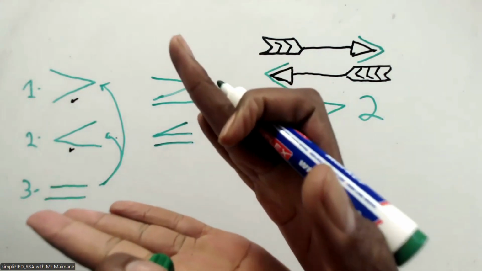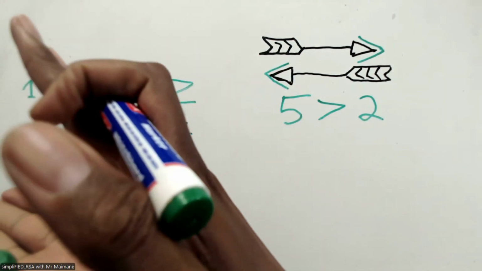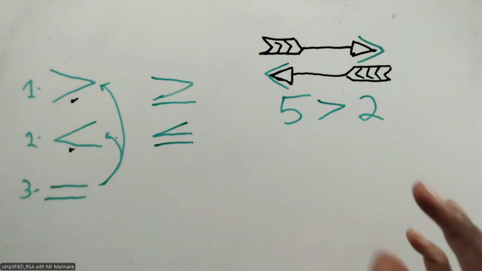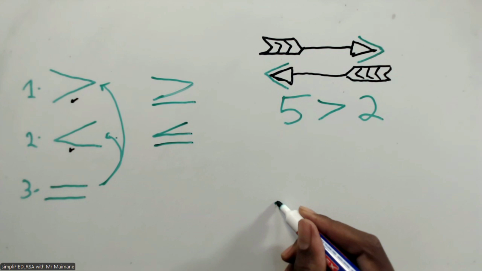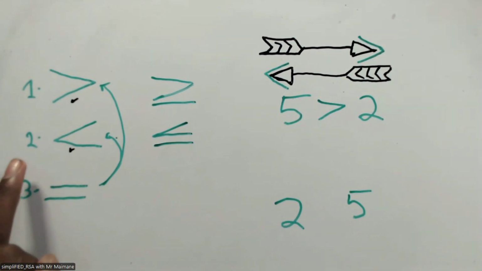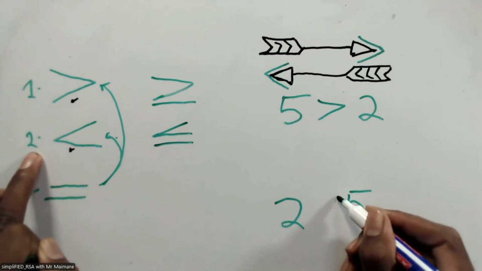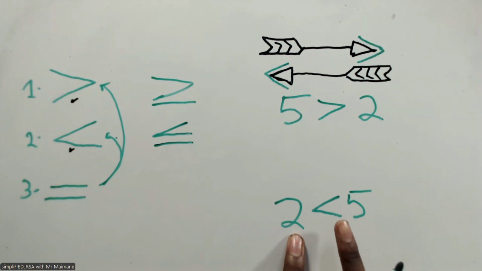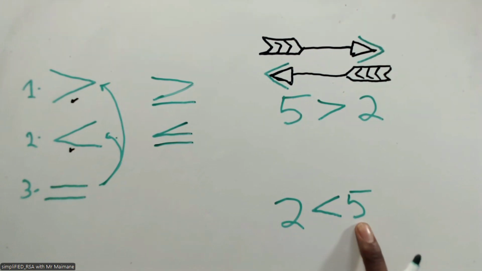So the lesser one, the opening part, is pointing to the direction of the bigger number. To make this make sense, let's write it the other way around. We have 2 and a 5 now. Between arrow 1 and arrow 2, which one would I put in between? Obviously, I would put arrow 2 like this because 2 is less than 5.